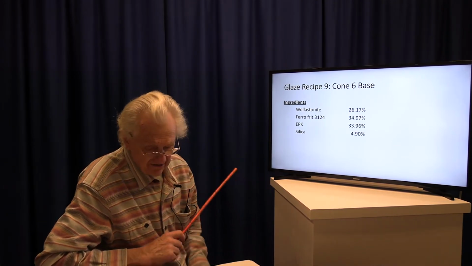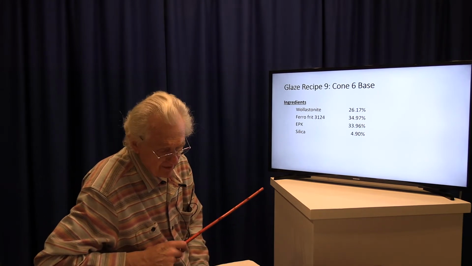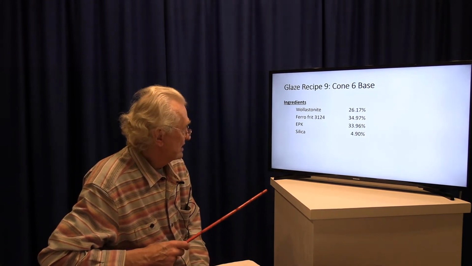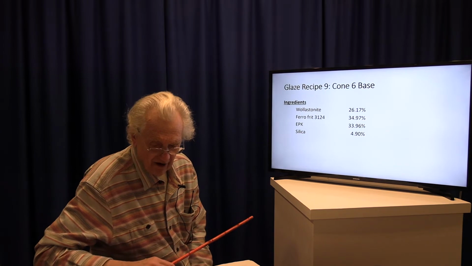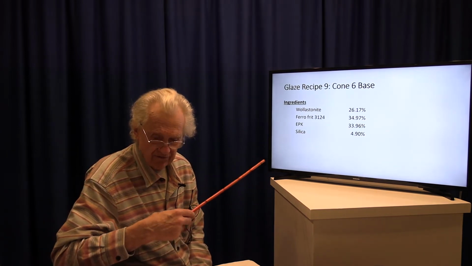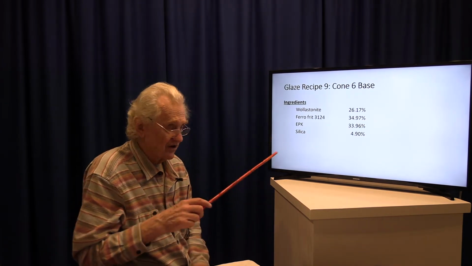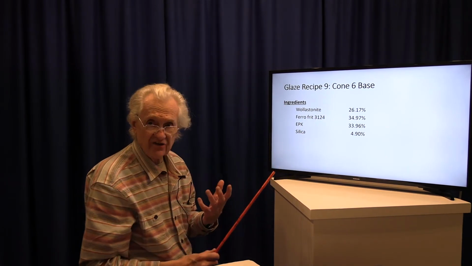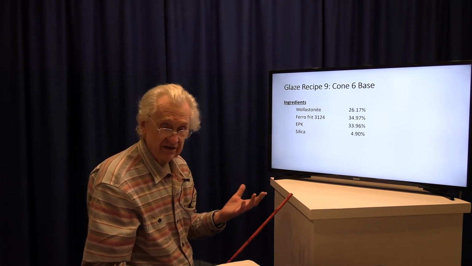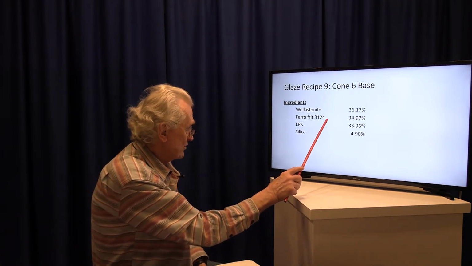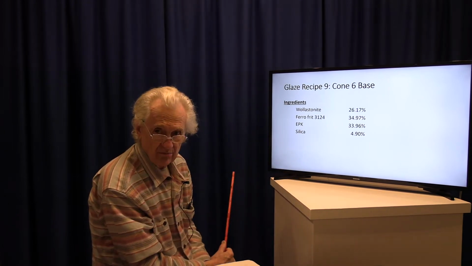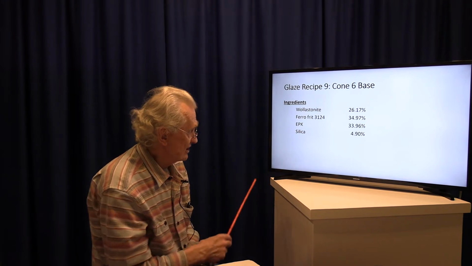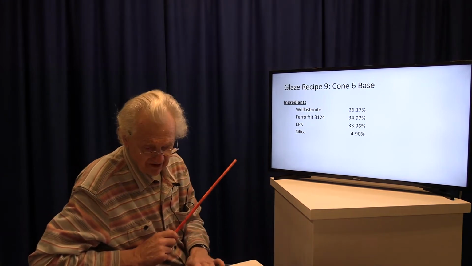Okay, and now the property we're looking at here is the texture of the glaze: what can we determine by looking at the recipe? So here's a cone 6 base: wollastonite, which is a mineral, a calcium silicate, and Ferro Frit 3124, that's basically a calcium borate, EPK and silica. Pretty simple recipe.